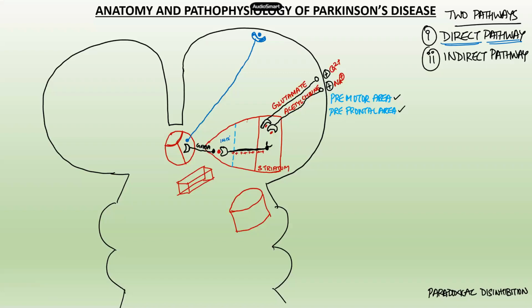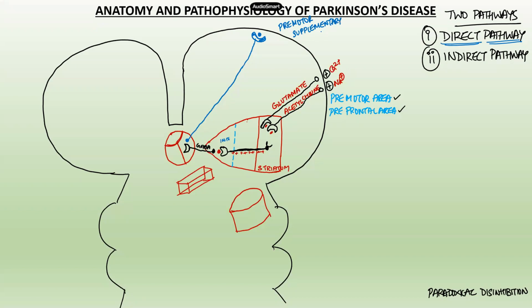From the globus pallidus internus, another neuron arises that has a link with the thalamus, right? And it is a GABAergic neuron. And from the thalamus, there is one more neuron that goes to the premotor and the supplementary motor area.